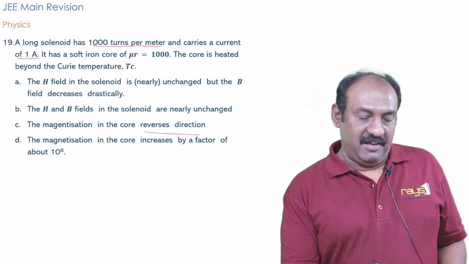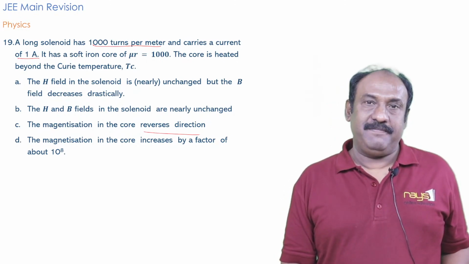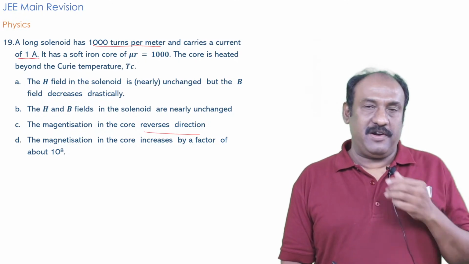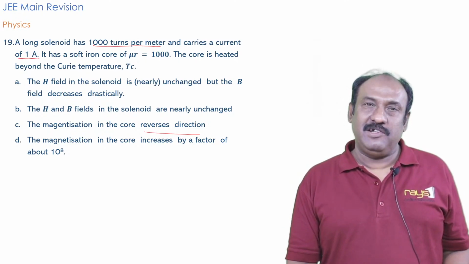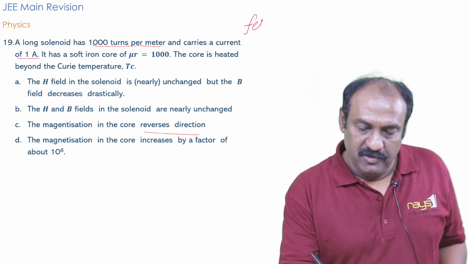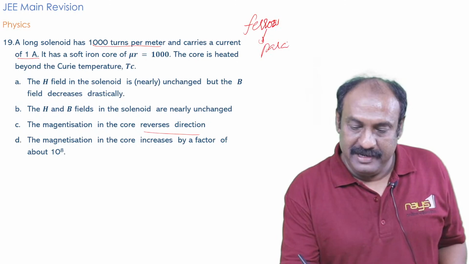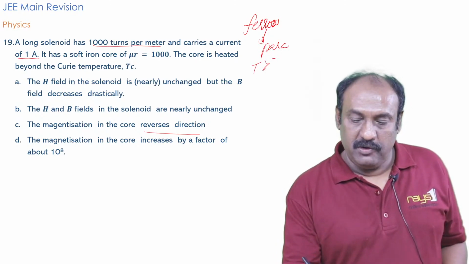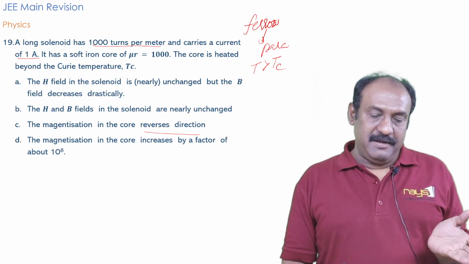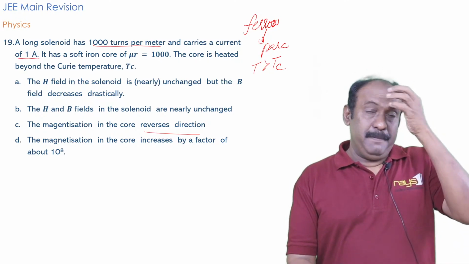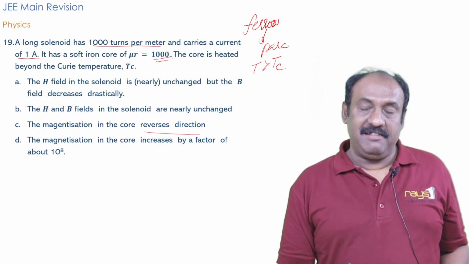So when the soft iron is heated above Curie temperature, it turns into a paramagnetic material. So above Curie temperature, ferro converts into para. So ferromagnetic converts into paramagnetic material when it is heated above Curie temperature. For ferromagnetic materials, here it is given as relative permeability is 1000.